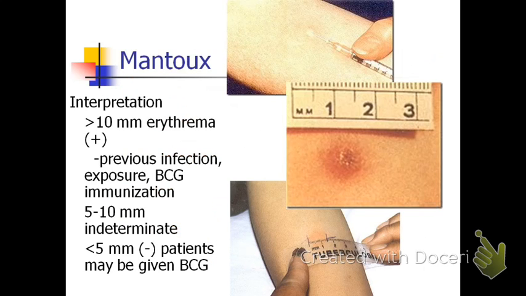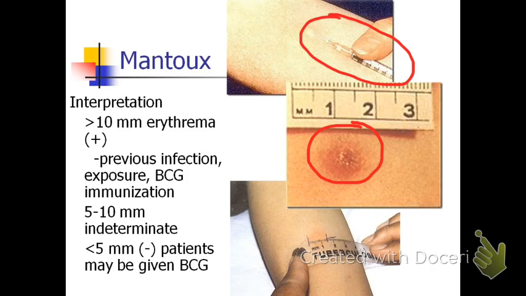So this is a tuberculin syringe. It is being intracutaneously injected into the skin of the patient, and then we measure the erythema or the reddening of the skin. The erythema should be more than 10 millimeters in order to be considered a positive result.